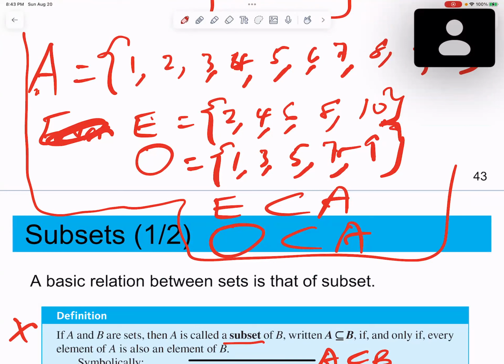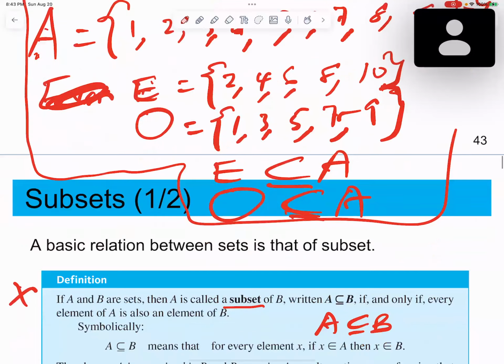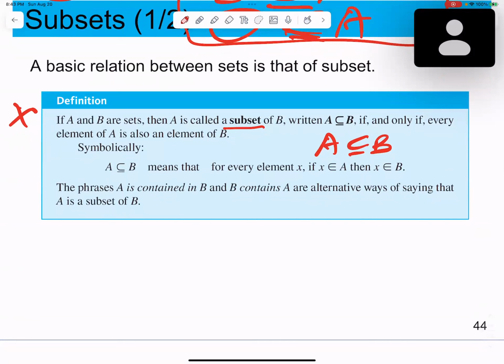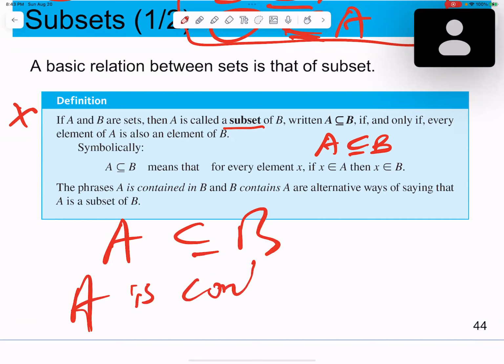It contains the first 10 positive integers. Now, inside A, you have a collection of even numbers and odd numbers. So this even numbers set is a subset of A. So if A is a subset of B, that means A is contained in B.